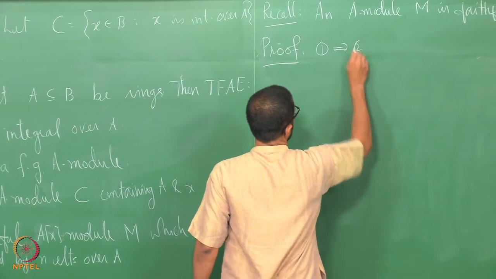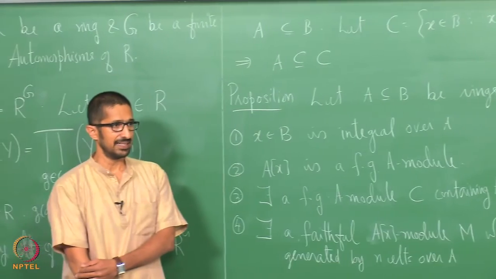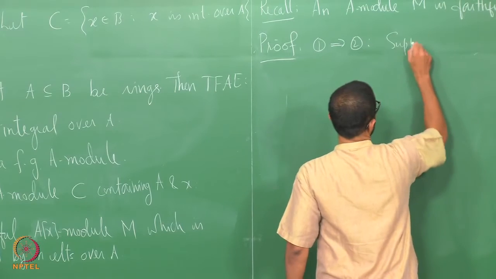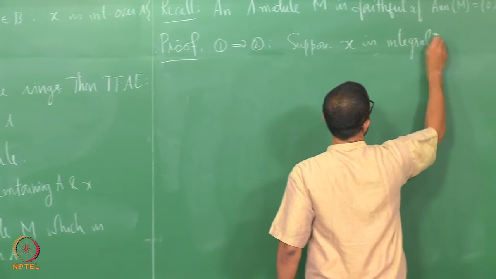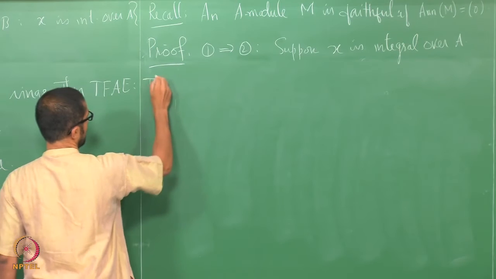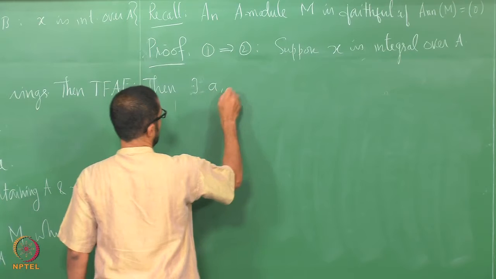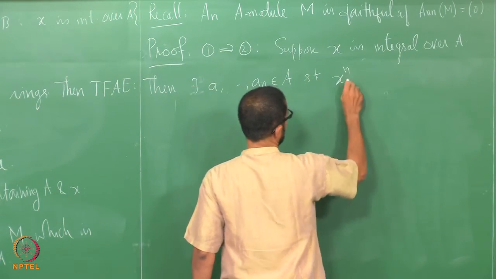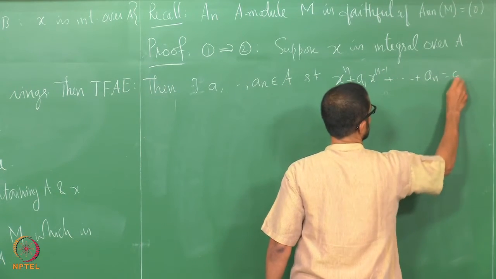One implies 2. Suppose x is integral over A. Then there exist a1 up to an in A such that x^n plus a1 x^(n-1) plus up to an is 0.